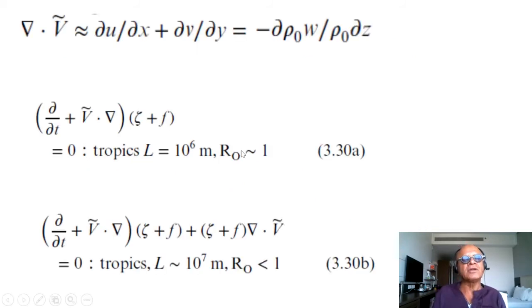Looking at the tropics, the continuity equation can be simplified as we saw before: du/dx plus dv/dy equal to minus d(rho 0 w)/dz divided by rho 0. So it's the advection of the background density.